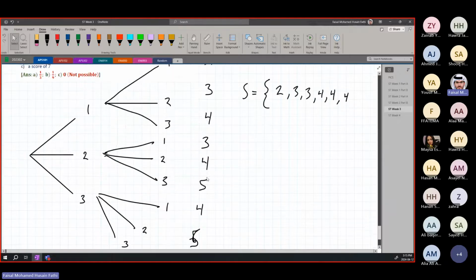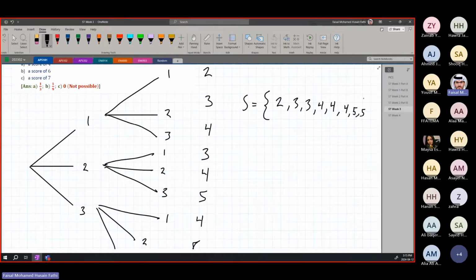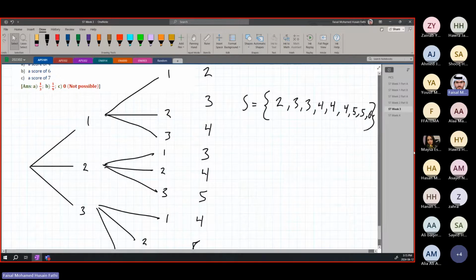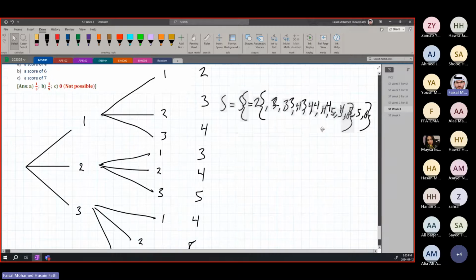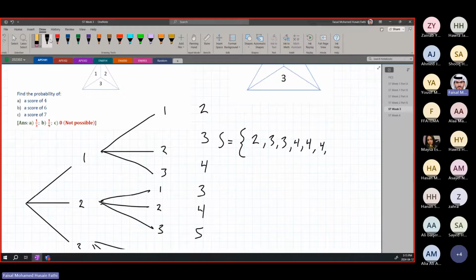How many times is number 5 occurring? 2 times. So we're going to have 5 and 5. And then we're going to have the number 6. So this is our sample space.